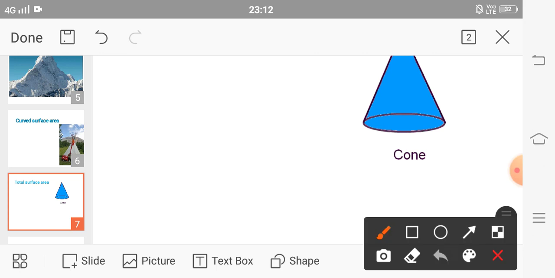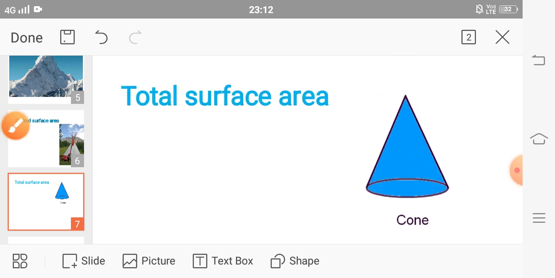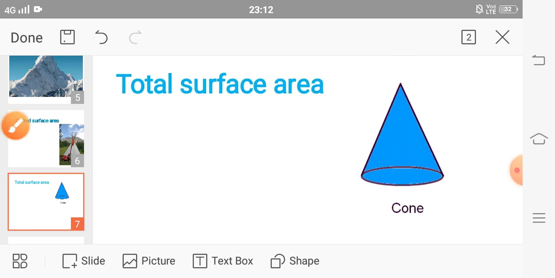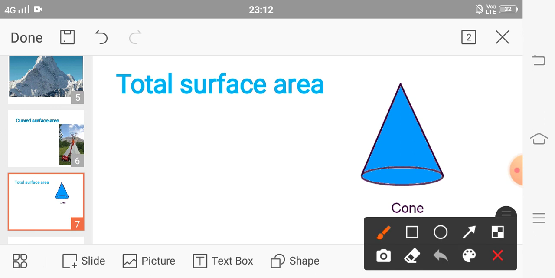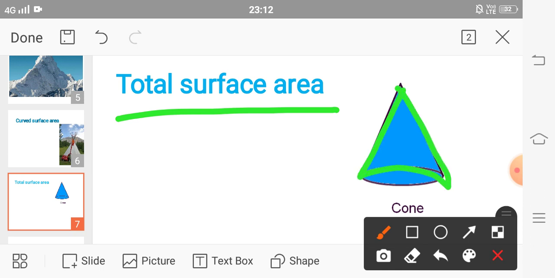Next, total surface area. What is total surface area? Total surface area of cone. This is a cone. Total surface means all surfaces is called total surface area. This is one surface and this is other surface.